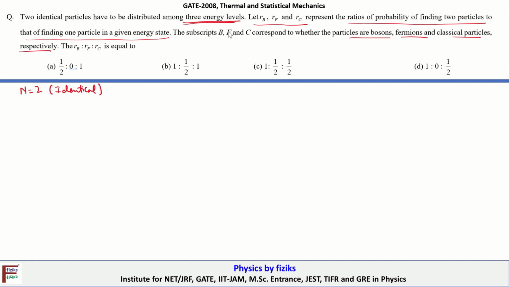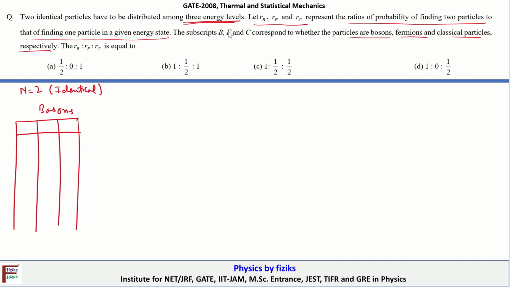So let's try to write the distribution for the bosons first. Okay, so I will label these 3 states as 1, 2 and 3. It's energy state 1, 2 and 3. Okay, so similarly for the fermions we can draw the same type of picture.